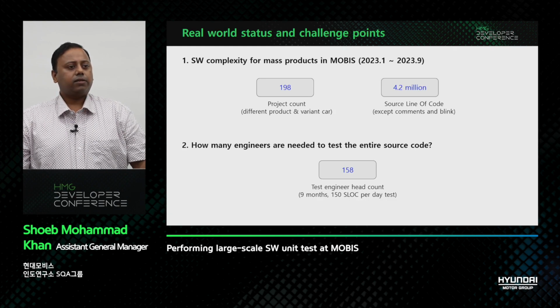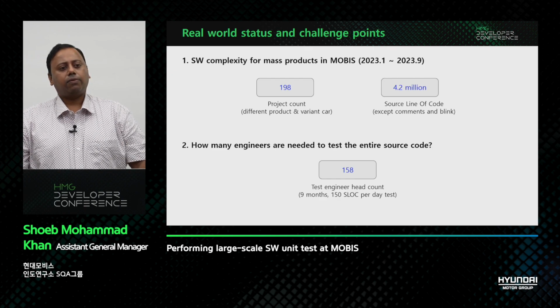Real world status and challenge points. Software complexity for mass production in MOBIS, based on the MOBIS reference to test 198 projects for different products and variants. The slot count is around 4.2 million, which needs unit testing.